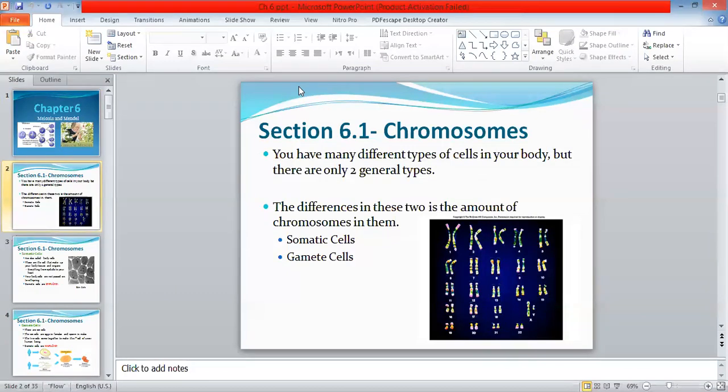There are two main types. The first type is somatic cell. And the second one, gamete cell. Somatic cell has another name, which is body cell.